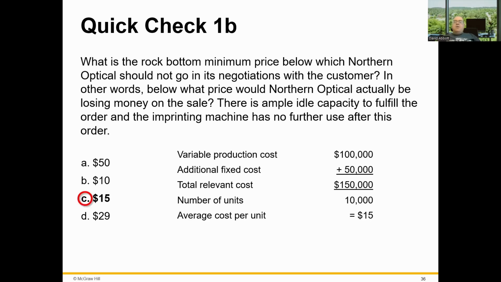So the cost per each pair of glasses would be $15. You have the variable production cost of 100,000 plus the additional fixed cost of 50,000 for this machine, which is 150,000, and then the total units is 10,000. If we divide that 10,000 into 150,000, then we get $15.